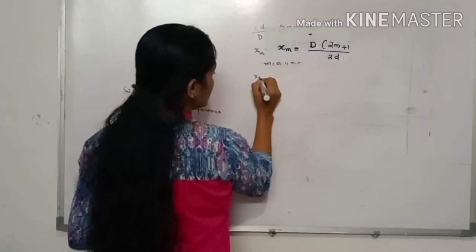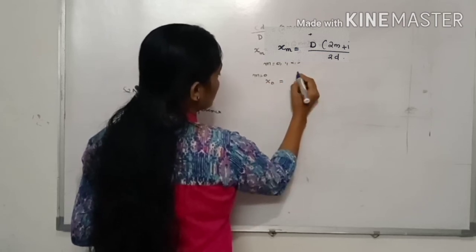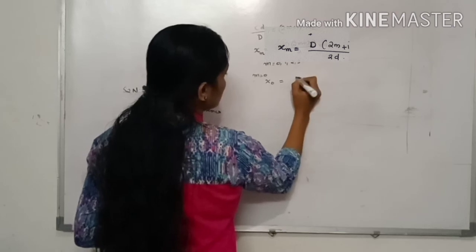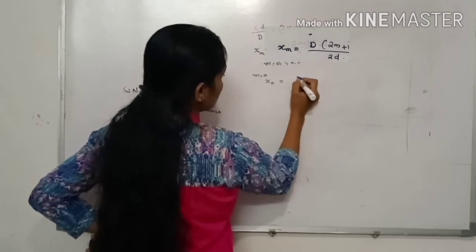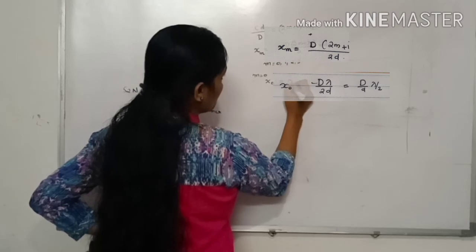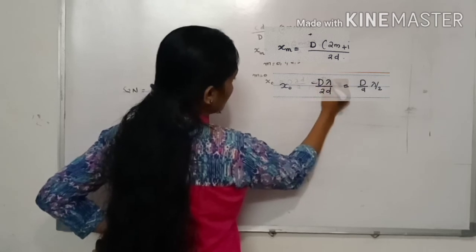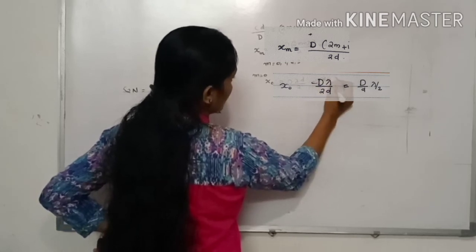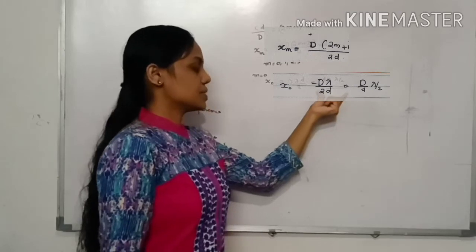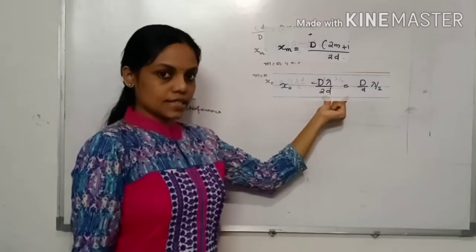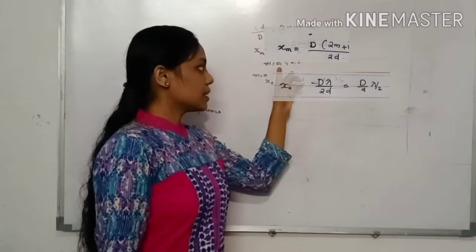When m is equal to 0, you will get x0, which is lambda D by 2d. This is the distance where we will get the first dark fringe, where we are taking m is equal to 0.